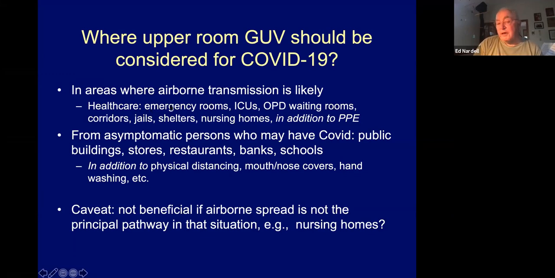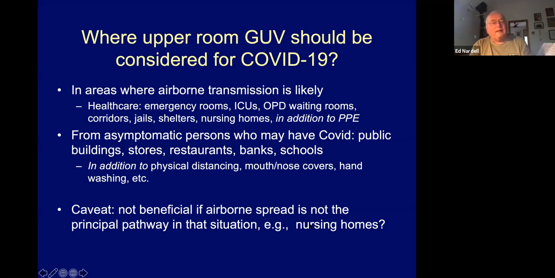UV could be used in healthcare settings, in jails, shelters, nursing homes, and it is being used in many of these settings. It can be used in schools as well, and public places where persons with unsuspected COVID are entering. It may not be beneficial in every setting.